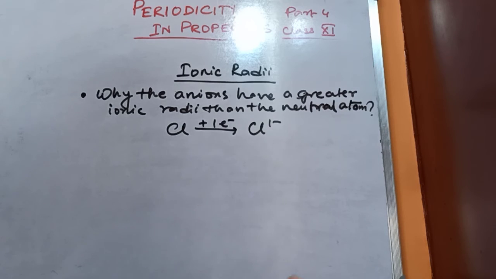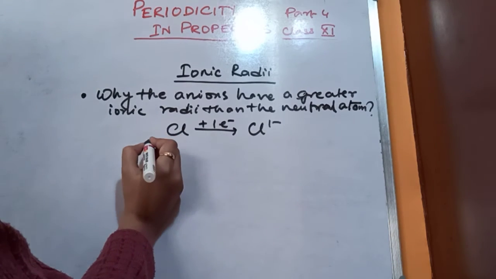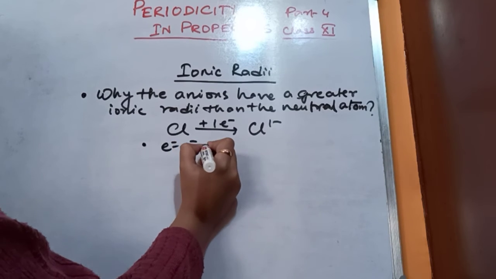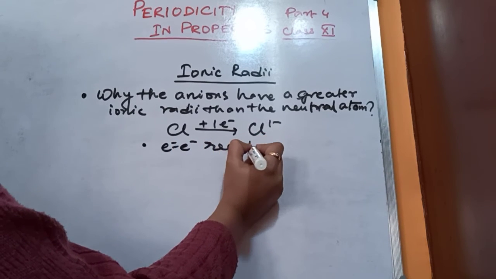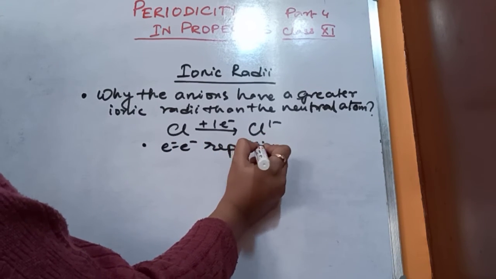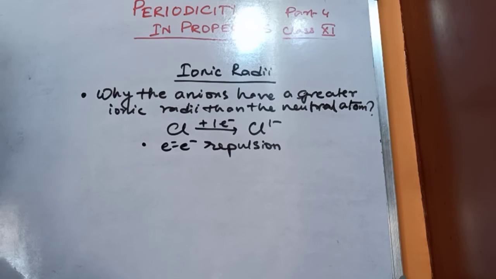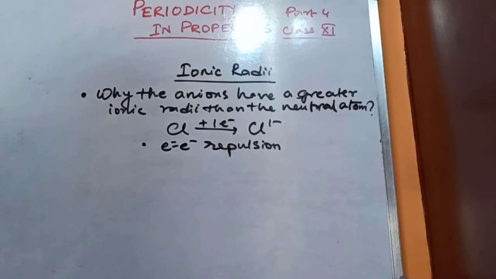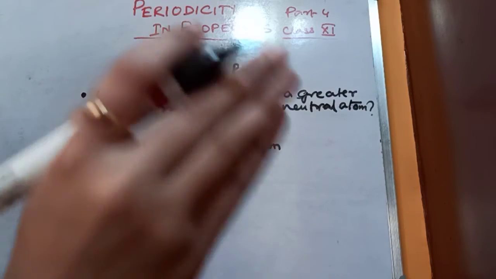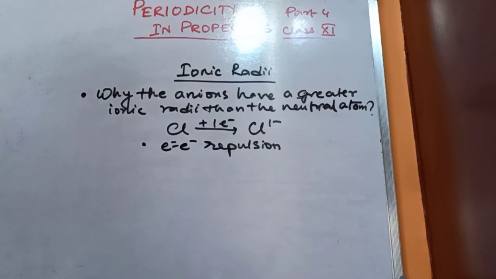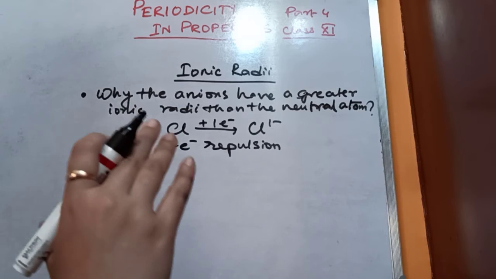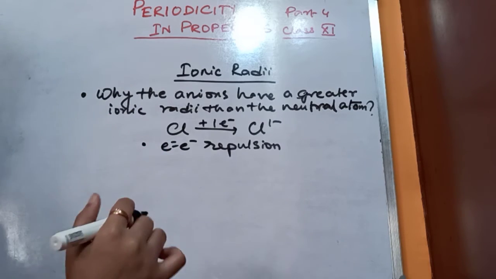When it gains one electron in the outermost shell, there will be electron-electron repulsion, which will increase the size a bit. Means there will be repulsion between the electrons which were already existing and the newly added electron. So that repulsion would increase the ionic radii a bit.